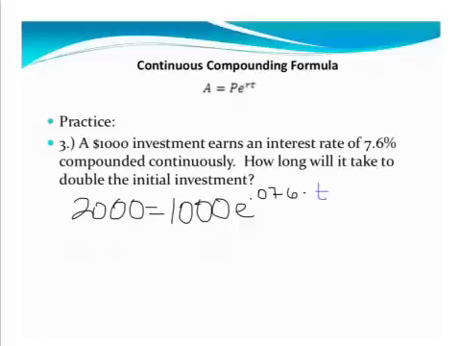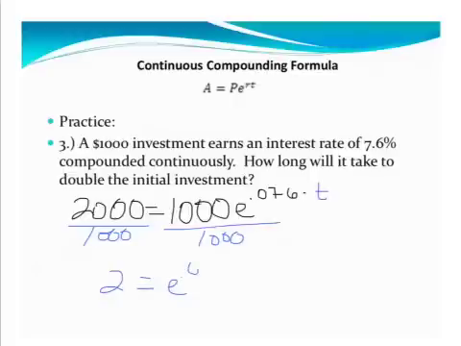Now for this problem, we need to solve for t. And because it's up in the exponent, I can't just divide by 1,000 e to the 0.076. I have to do a little bit more. But I'm going to start with dividing by 1,000. And I'm left with 2 equals e raised to the 0.076 t.